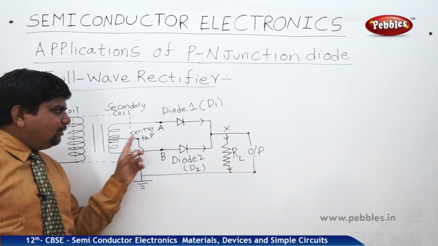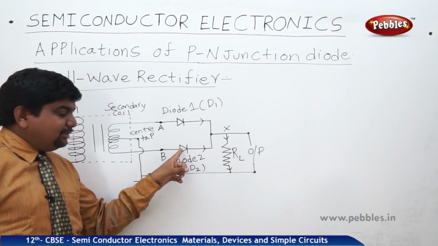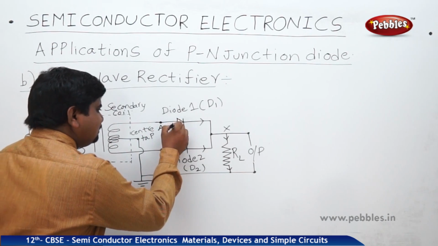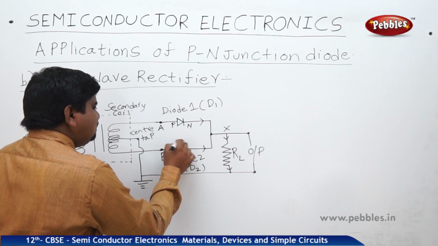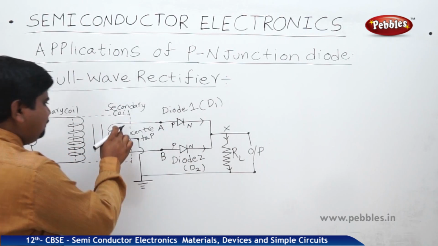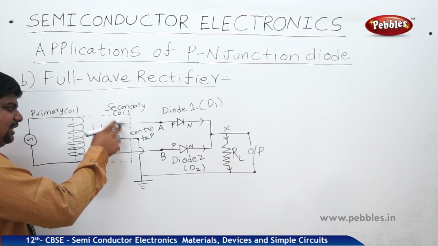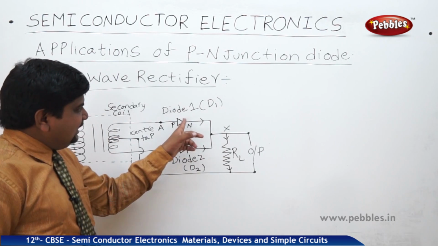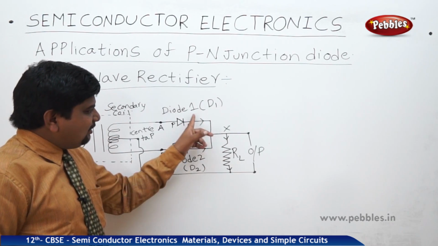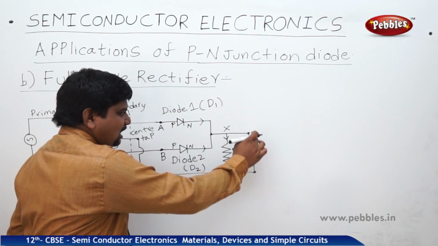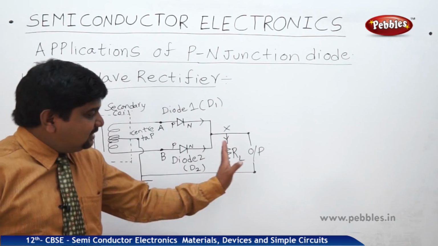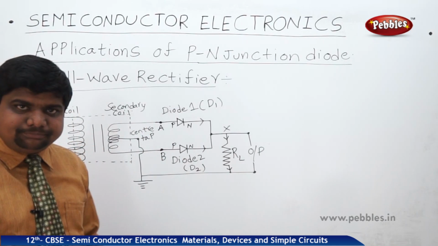For the secondary coil, the P sides of the diodes are both connected to the ends of the secondary coil. The N sides of the diodes are connected to the common output terminal across the load resistance.